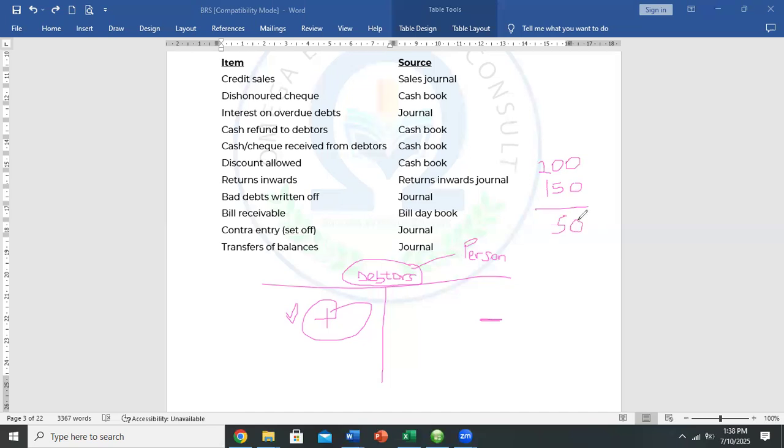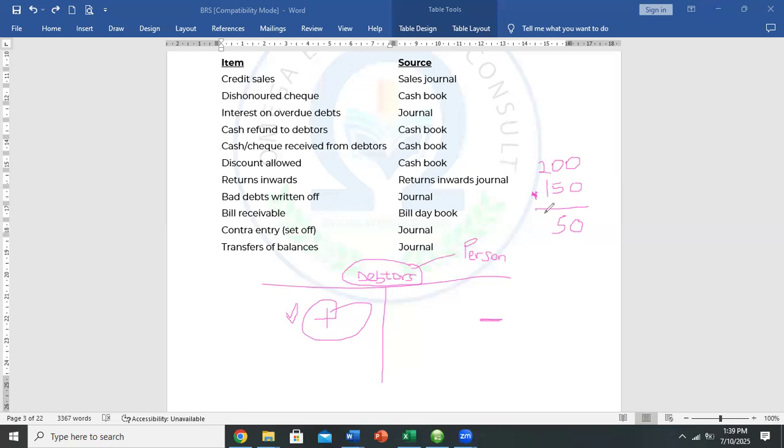But then you go to the bank and the bank says, we cannot pay this 150 check because of some issue. The date is wrong, the amount in words is different from the amount in figures, or the account does not have enough balance. So if the bank says they cannot pay, then it's also true for the business to say that, hey, your debt cannot be 50. It has to go back to 200.